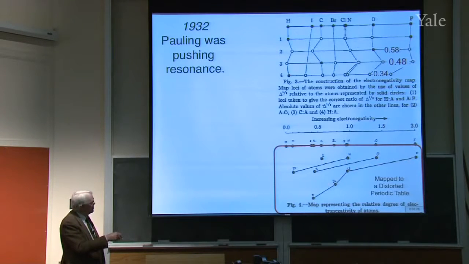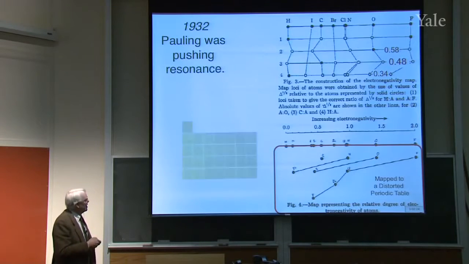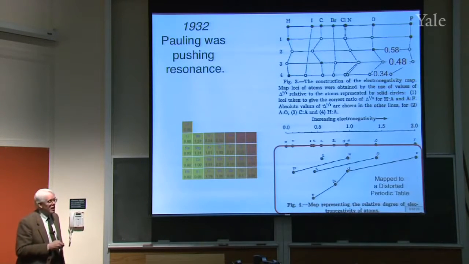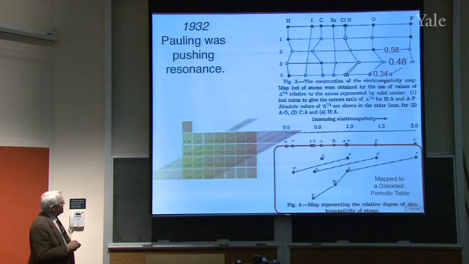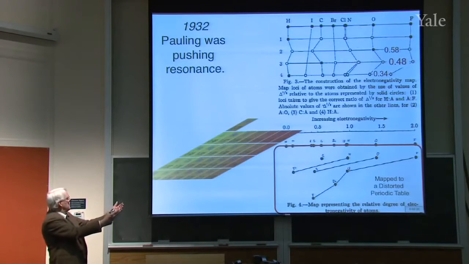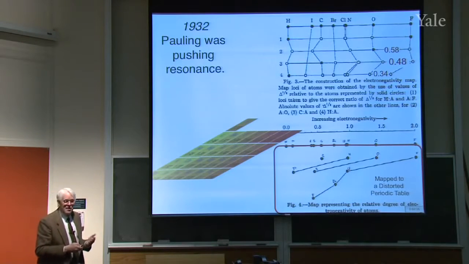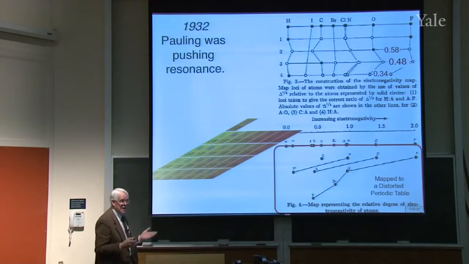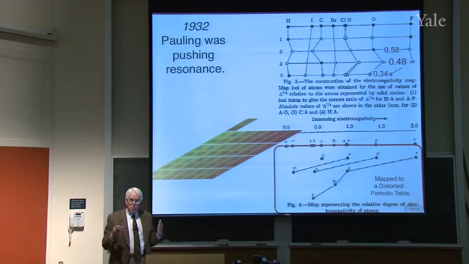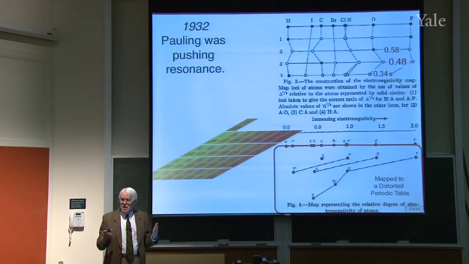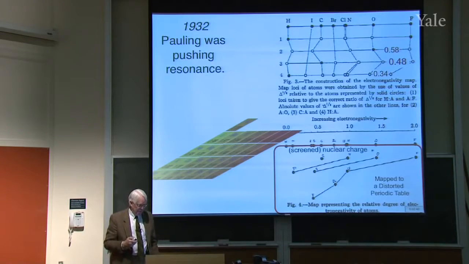So here are the halogens, here are the chalcogenides, nitrogen, phosphorus, carbon, and so on. In other words, he's taken the periodic table and distorted it so that the numbers go from red to yellow as you go from left to right. So that's where electronegativity in the current sense, the Pauling scale of electronegativity, came from.